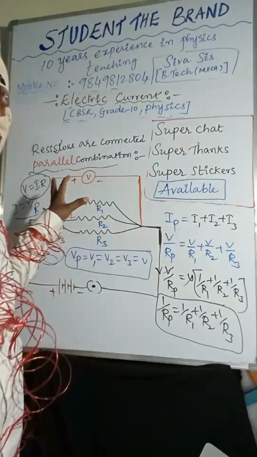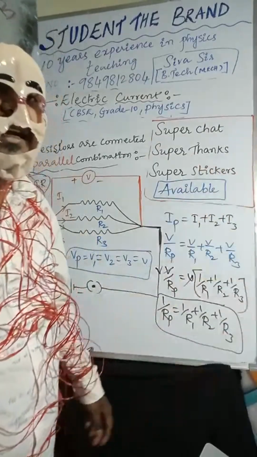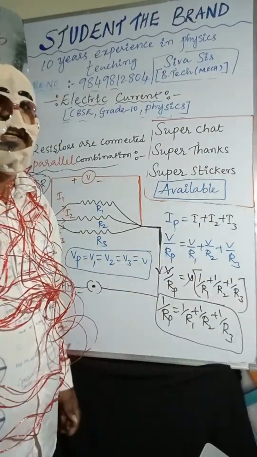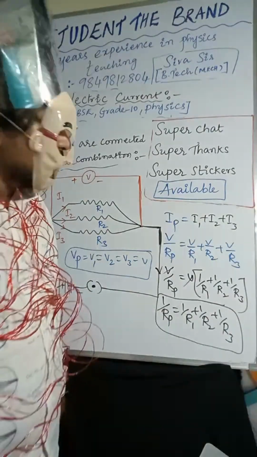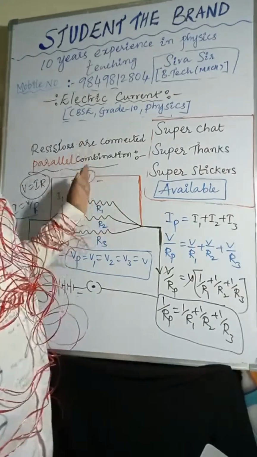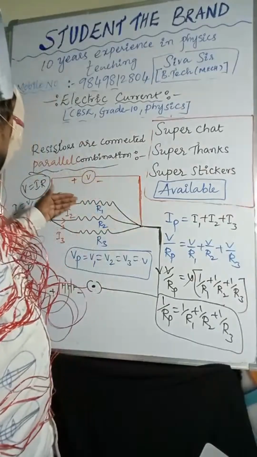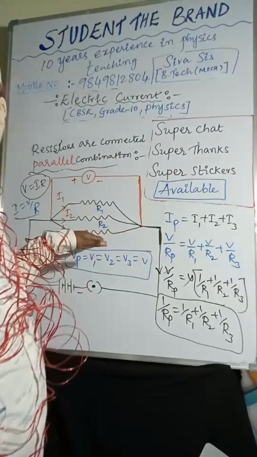If resistors are connected in parallel combination, the potential difference is the same across R1, R2, R3. So the current is different across R1, I1, across R2, I2, across R3, I3.